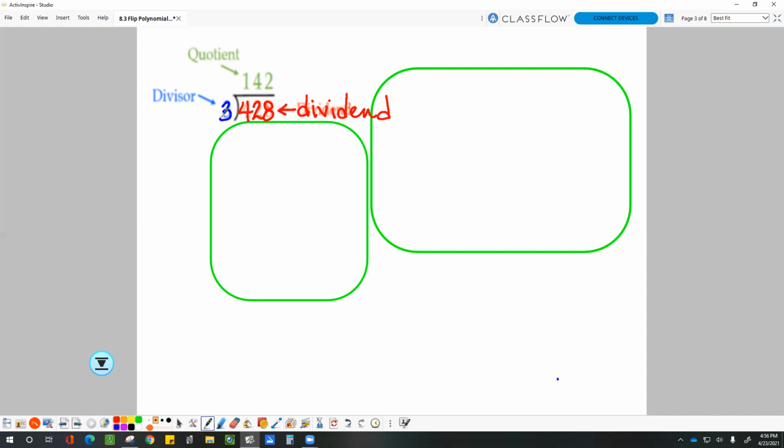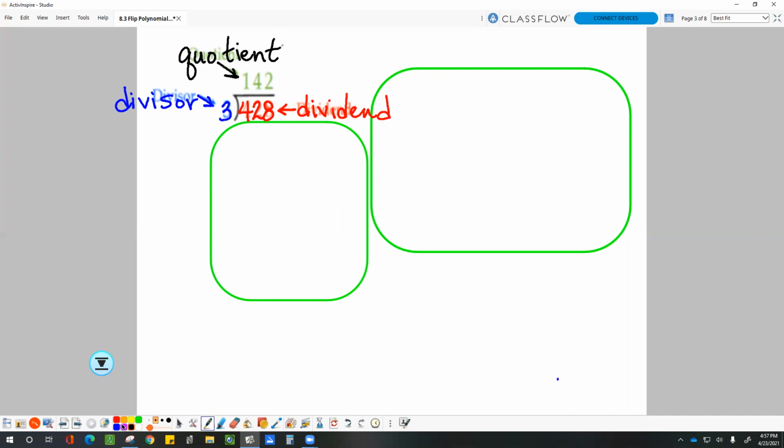What you divide by is the divisor. Okay. And the answer when you divide is the quotient.